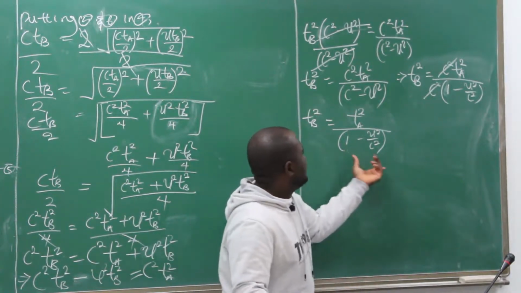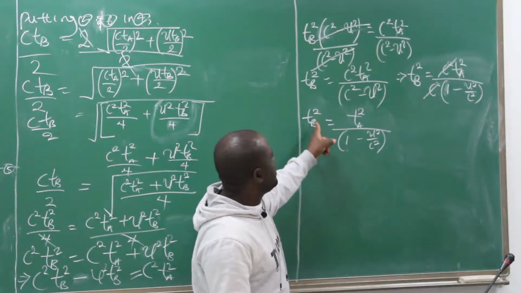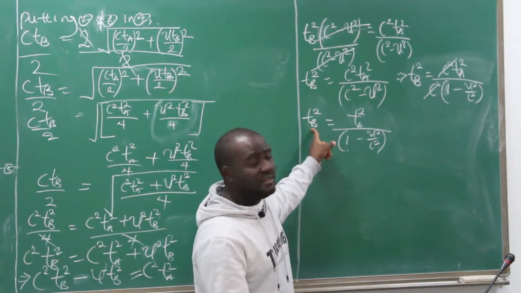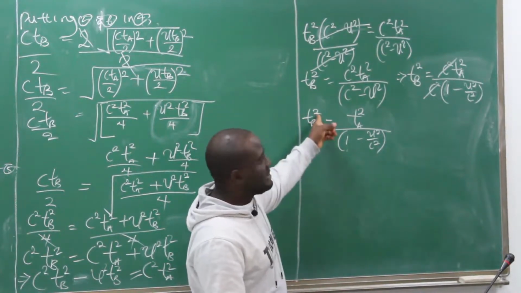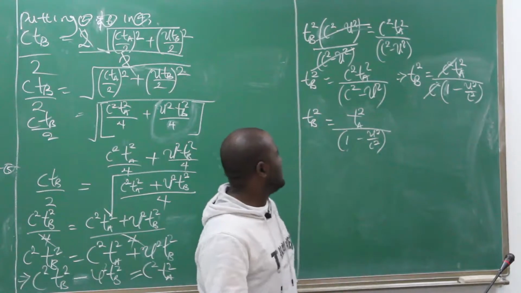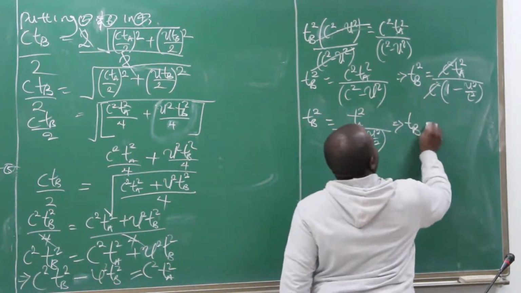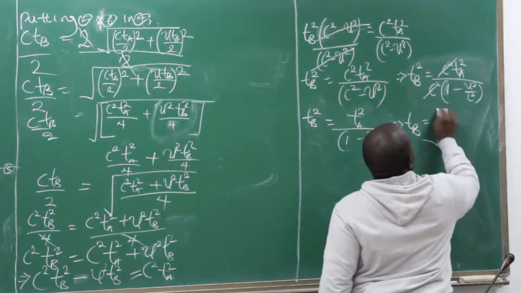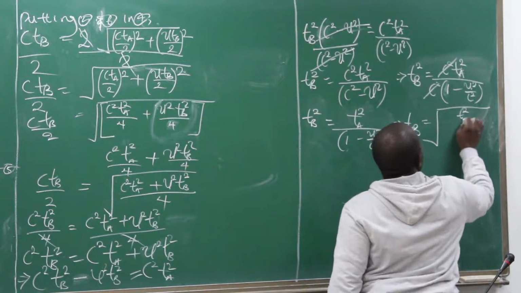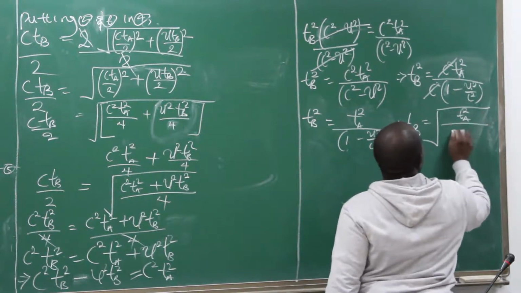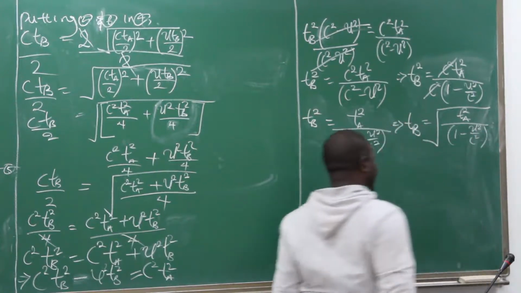So now, you have something like this. We are going to try to break this one down a little bit. We'll take this square sign over to this side. So this becomes TB is equal to the square root of TA squared all over 1 minus U squared all over C squared.